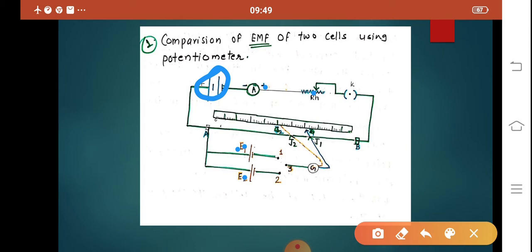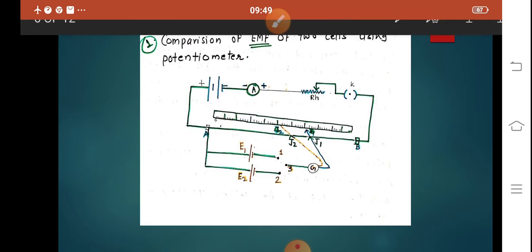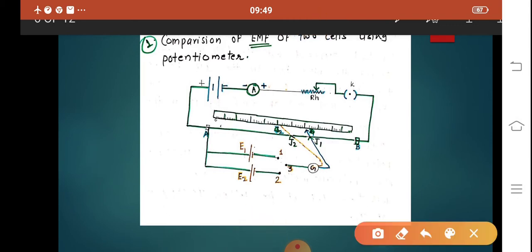When we close 1 and 3, this circuit will come in. Now 1 and 3 is connected. This is J, the jockey. So when 1 and 3 is connected, the galvanometer and jockey are here. We have to search one such point at which the galvanometer will give zero deflection.